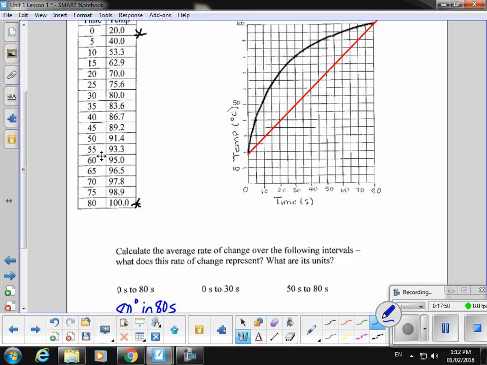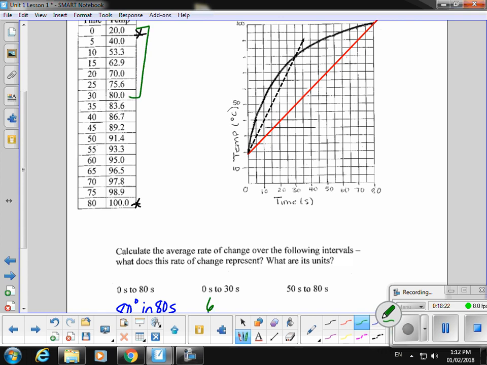there we go, we are looking for the secant from that first point to 30. Let's see if I can hone in on that. Right, perhaps a little more reflective of the first part, but certainly not a good representation of the second part. But our rate of change would be, we are going from 20 to 80.